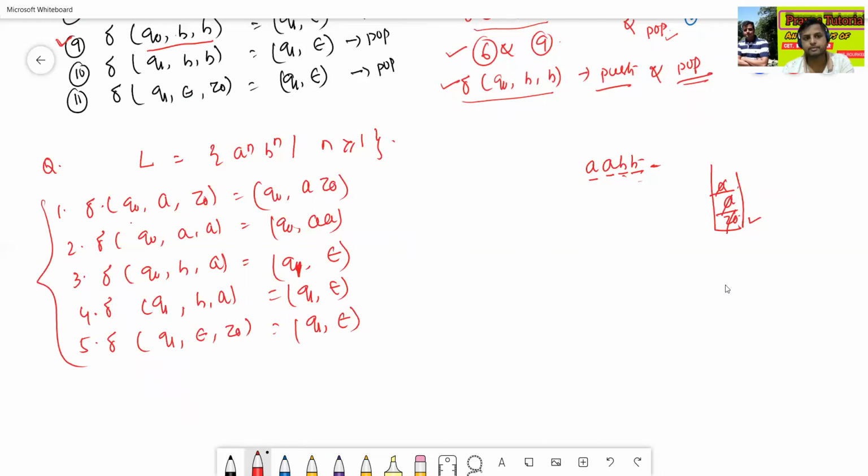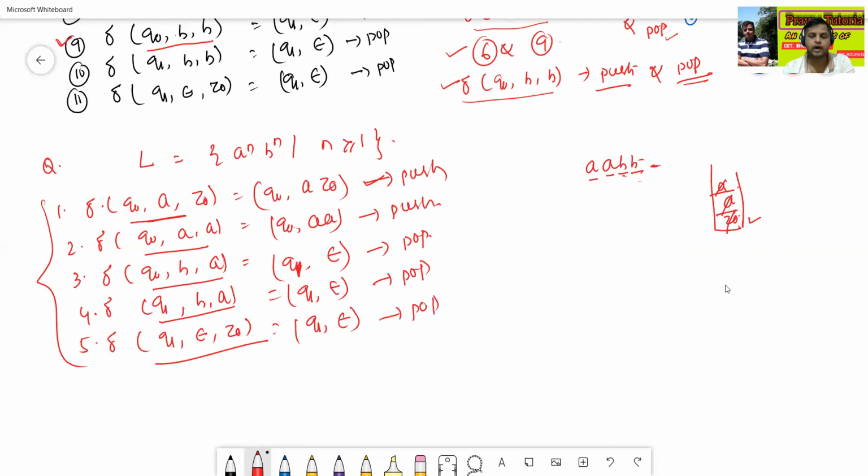Okay. So in this case, see, all inputs are unique. For this input only a push operation. For this input only a push operation. For these inputs only a pop operation. Means all inputs in this push down automata are completely unique.